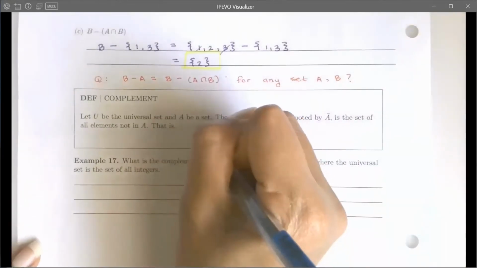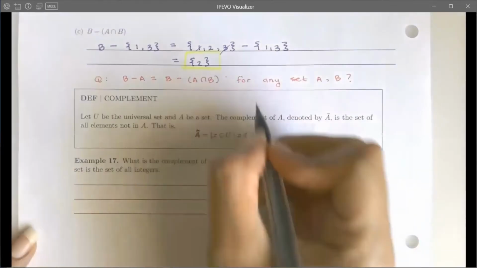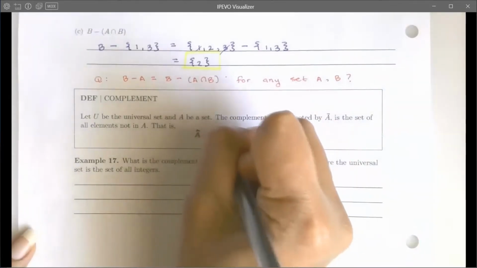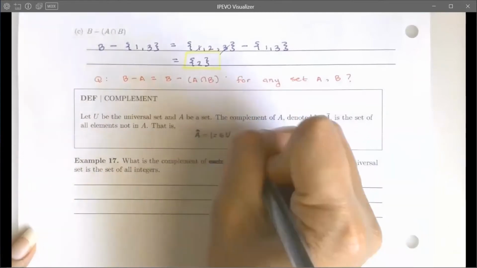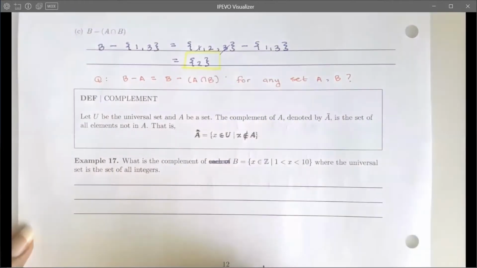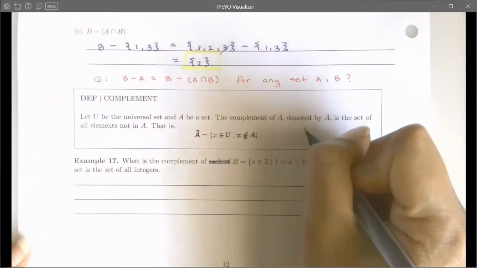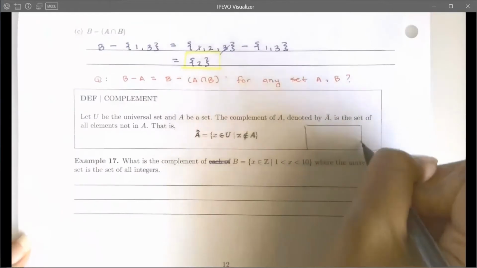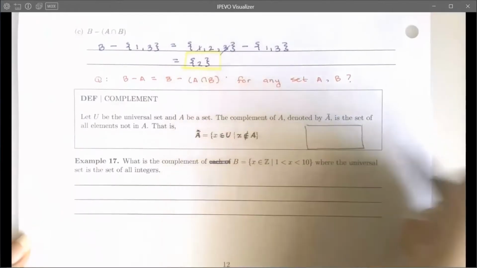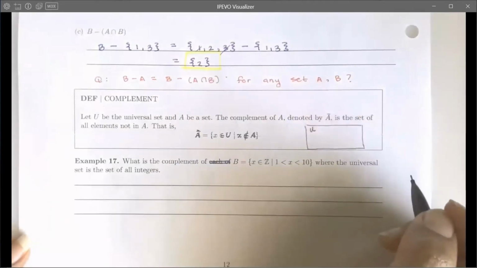So the complement of A is defined to be the set of all elements that are part of the universal set such that they are not found in A. To give ourselves a little bit of a diagram, let's say that in this box I have all possible elements that I'm considering, and we're calling that the universal set.